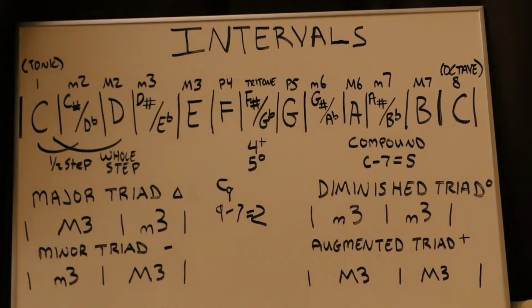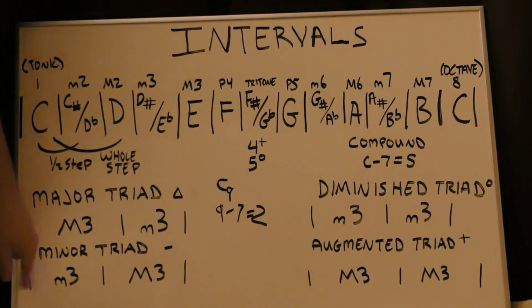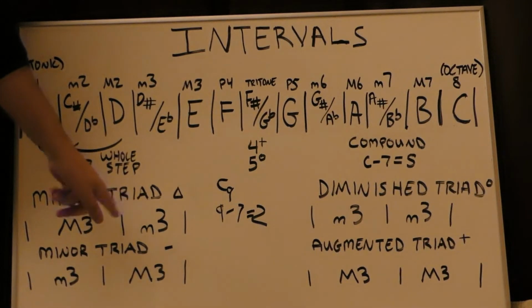And the next chord we'll talk about is a minor triad. And this is where, from our C, from our tonic note, we go up a minor third, and then we go up a major third. So it's a major triad, but reversed.